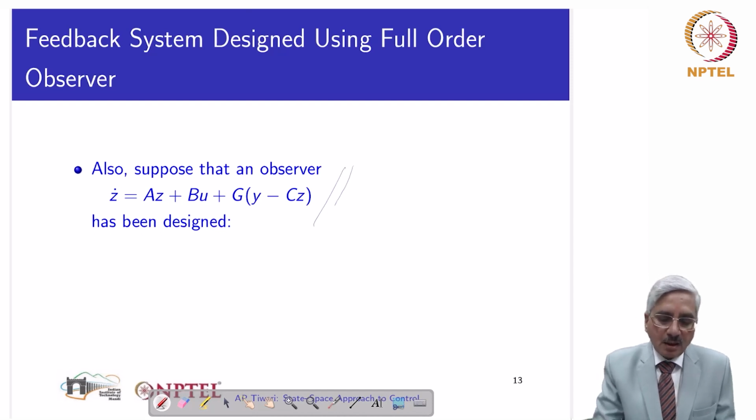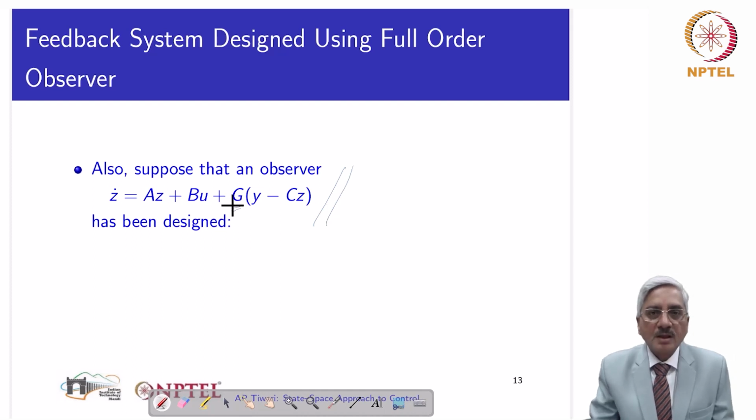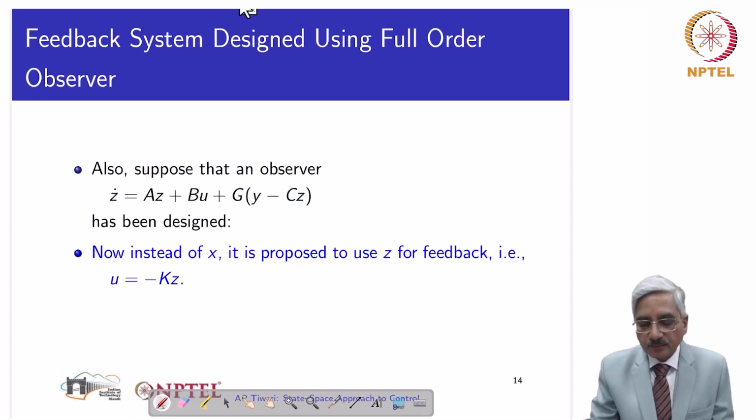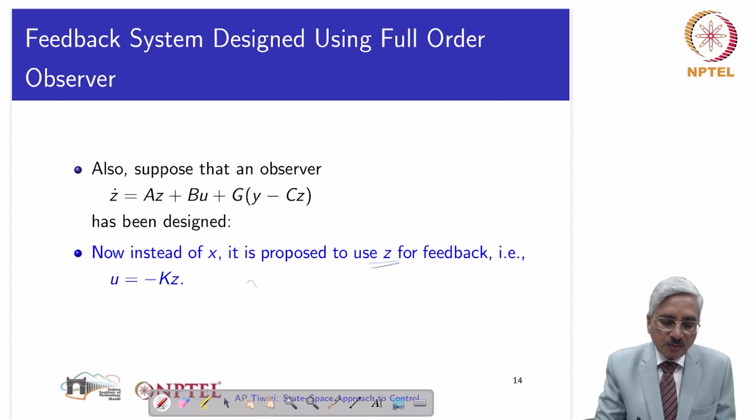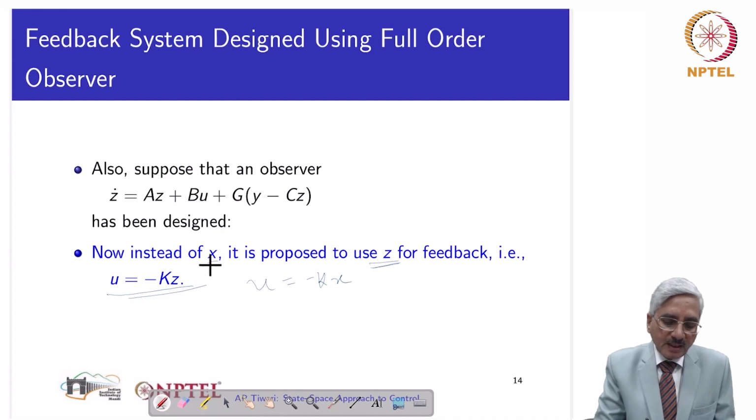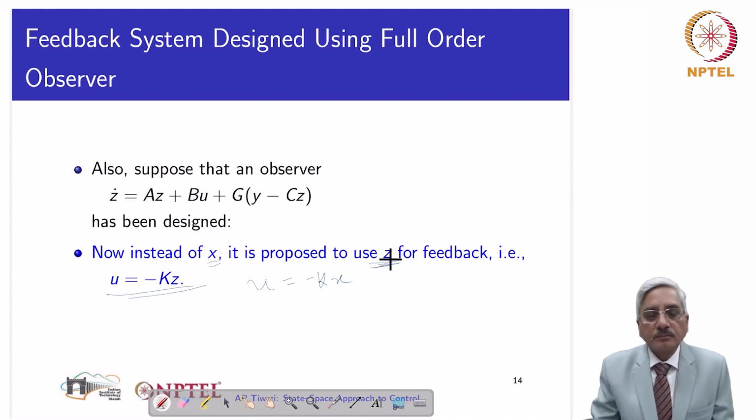We have this observer equation in which we have obtained a G, and we want to control the system by feeding z in place of x. So it was u equal to minus Kx. However, we want to implement this u equal to minus Kz. So instead of x, we are using z.